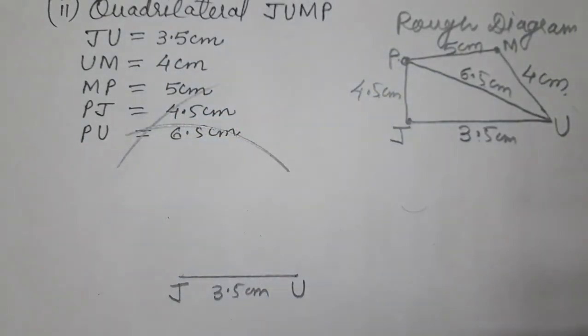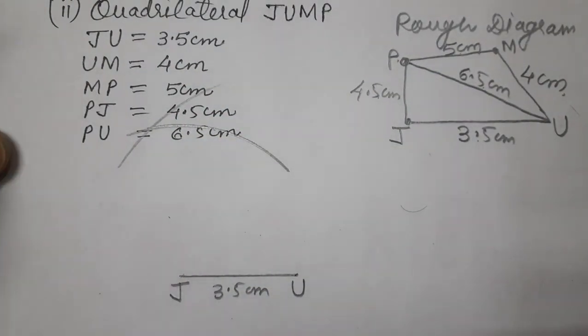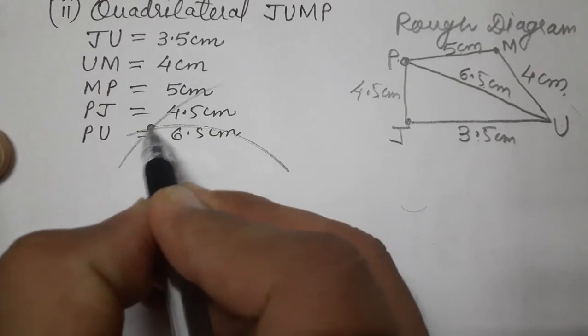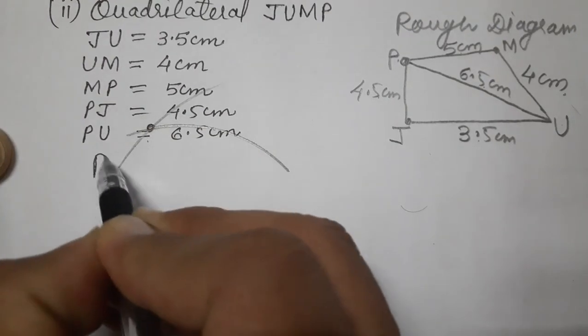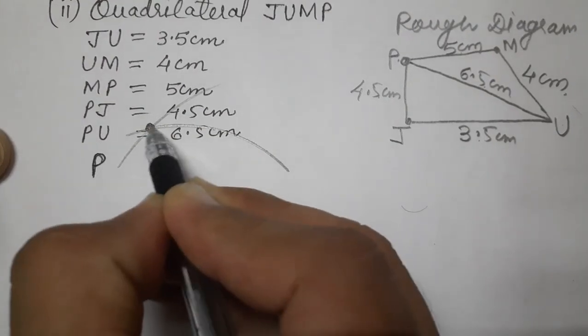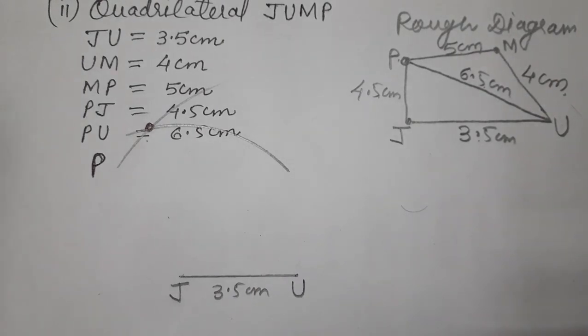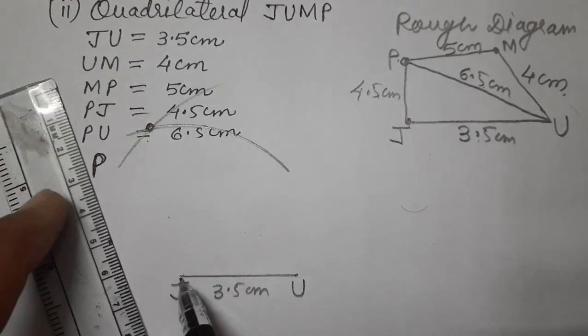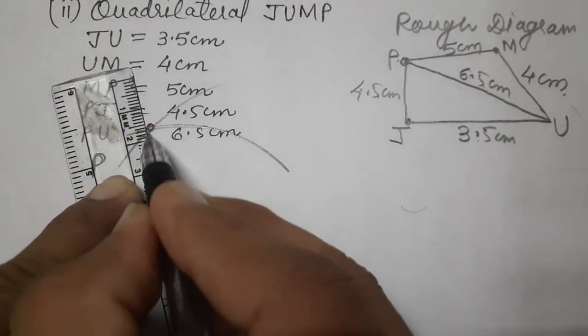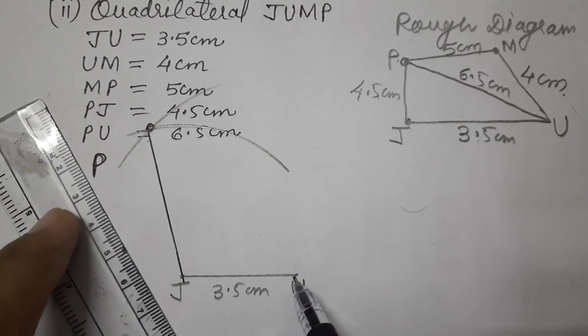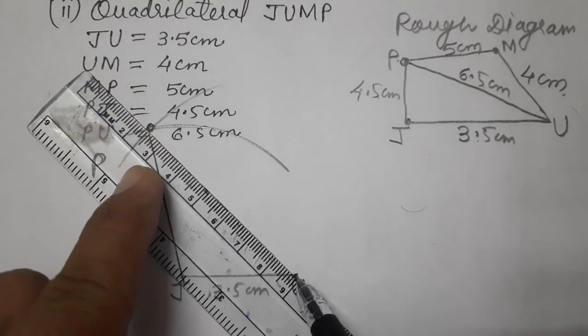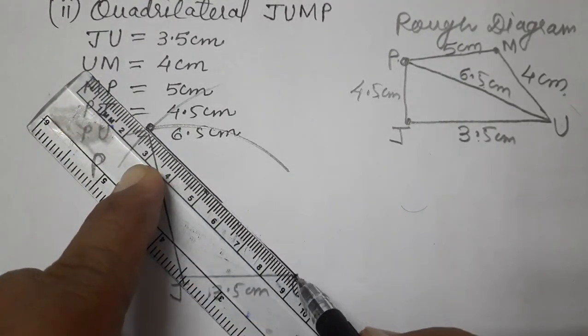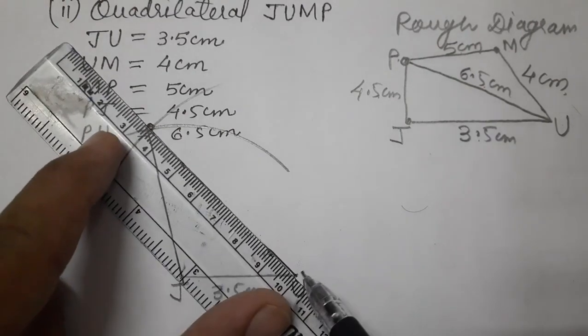This point is P. So we got the point P. Now join J to P and U to P. So we got the first part.